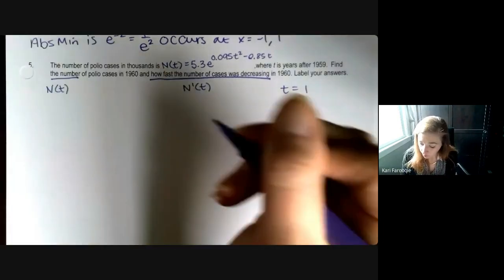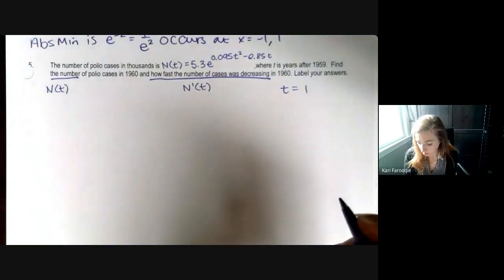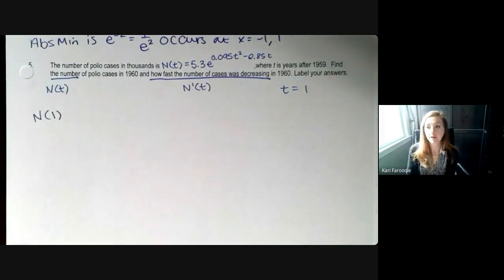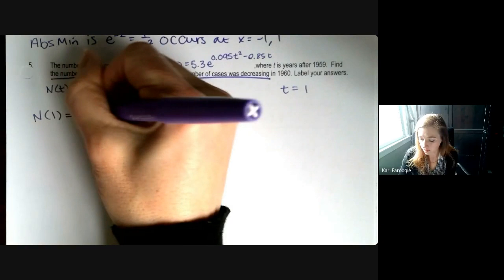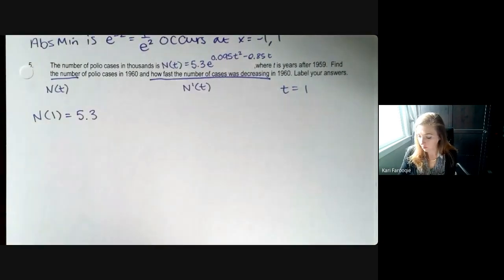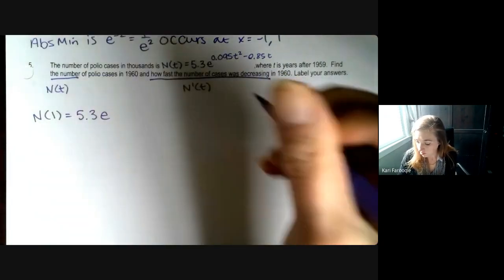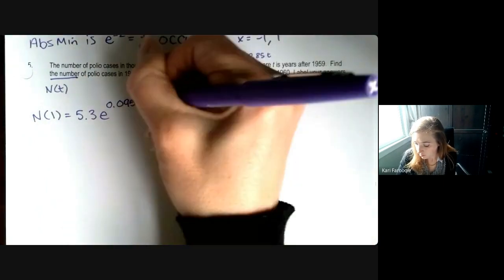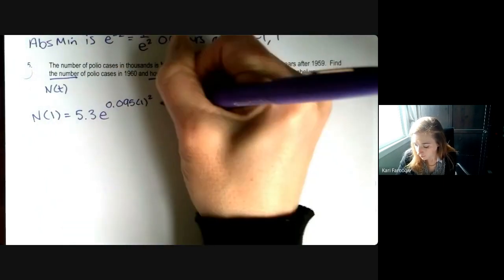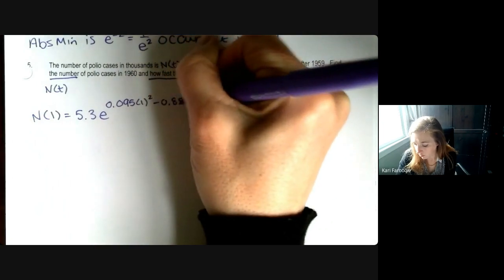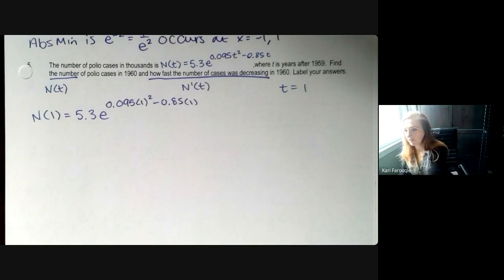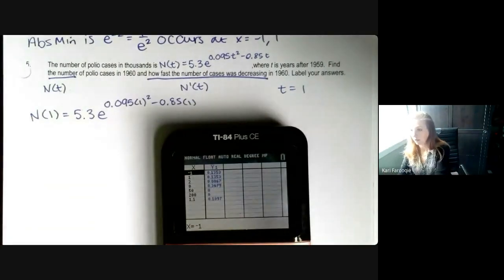So the first part of this is find the number of polio cases in 1960. That's n of 1. So this we're going to put into our calculators, but it's going to be 5.3 times e to the 0.095 times 1 squared minus 0.85 times 1. We'll pop this into our calculators and get a value.